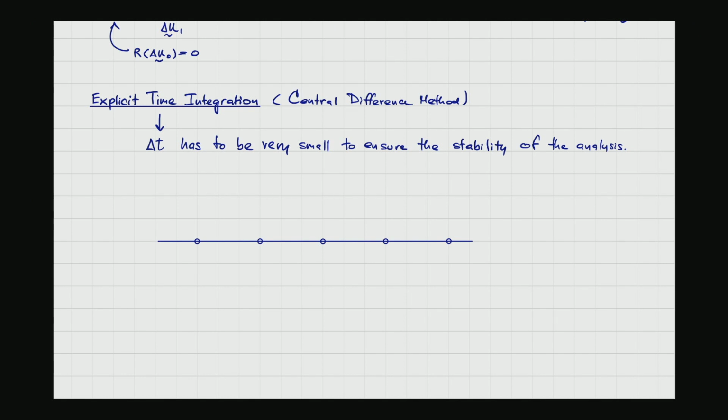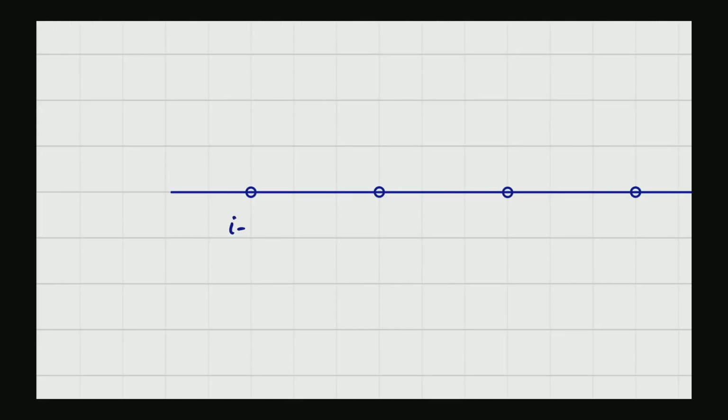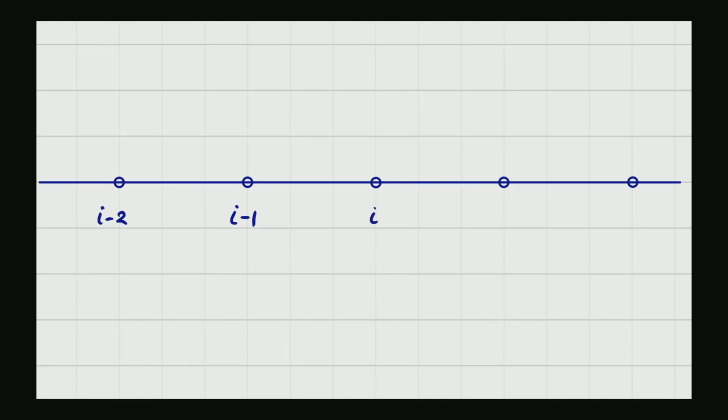And we have the time steps i minus 2, i minus 1, i plus 1, just like this.